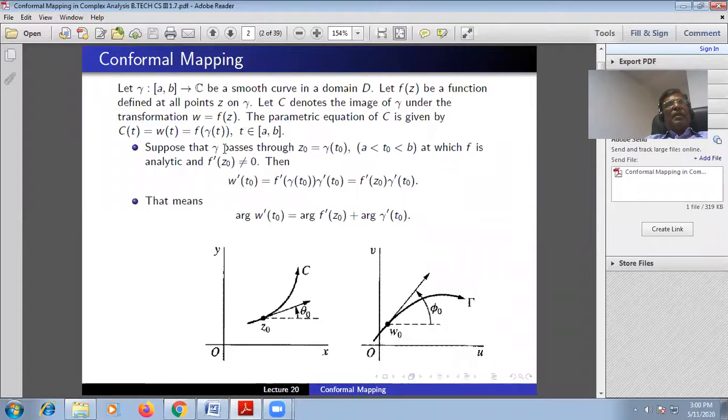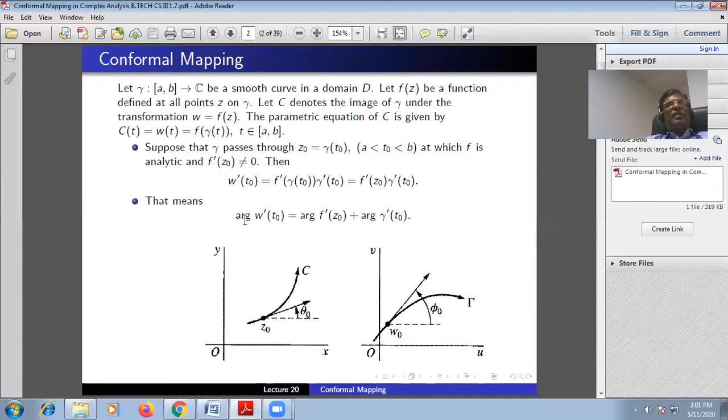Let us suppose that gamma passes through z0 is equal to gamma(t0), where t0 is greater than a and less than b, meaning in this interval f is analytic at this point. Then this is equal to this.